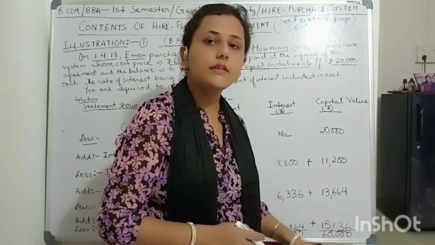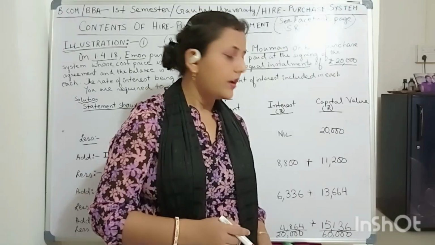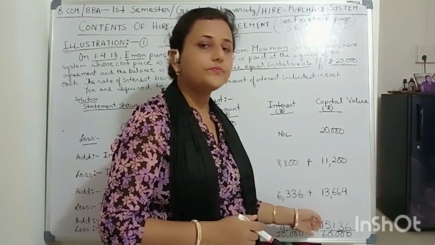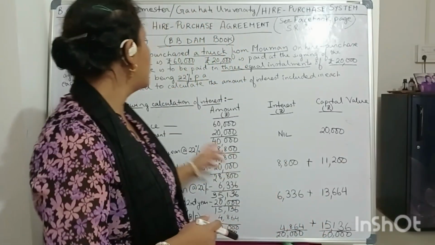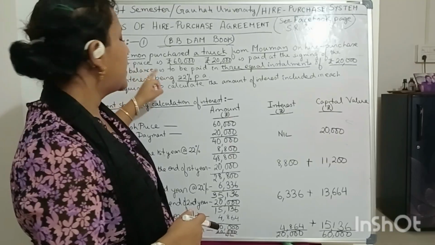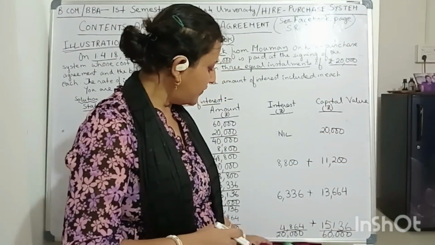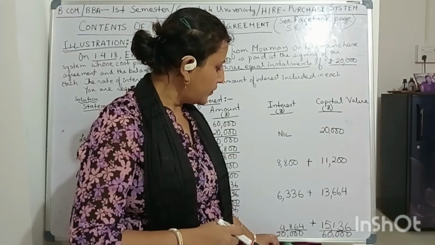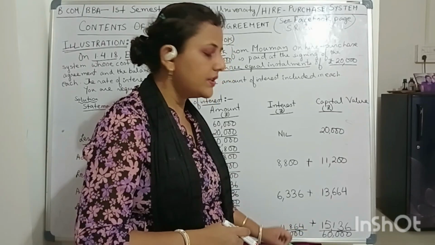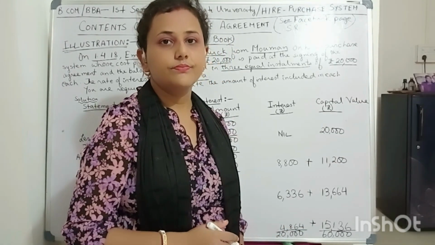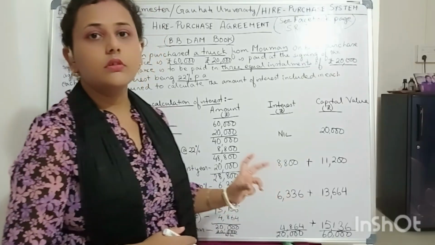So that is 60,000, the cost of the goods, the cash price of the goods. So this is excluding interest. And if interest is included, it will be 60 plus 20, that is 80,000, the price of the asset.